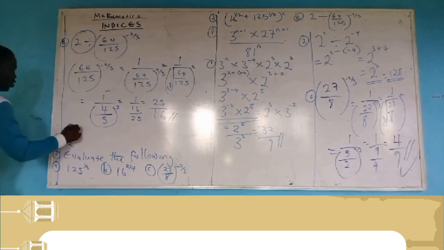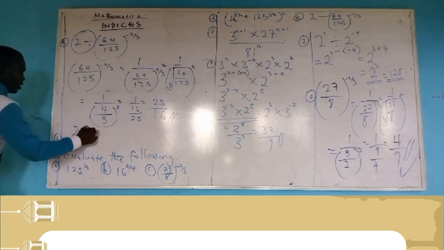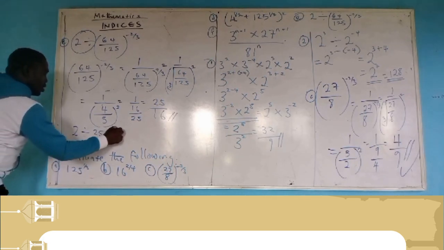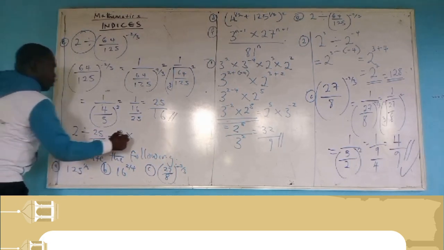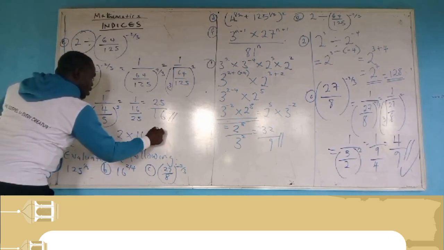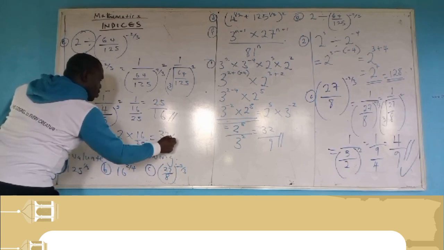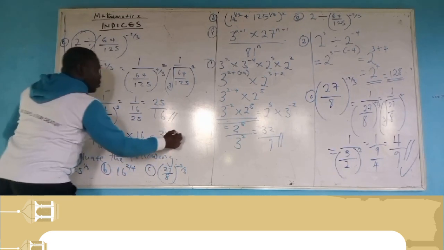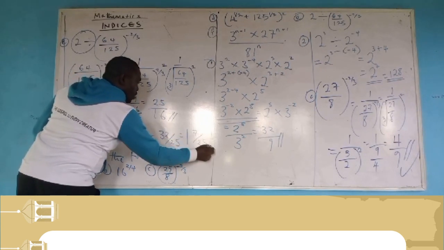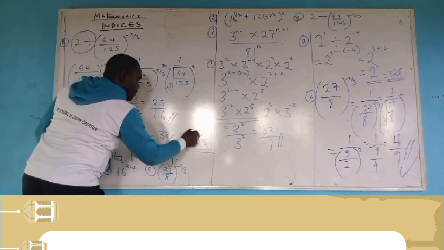Remember, I have 2 divided by 25 over 16, which is 2 multiplied by 16 over 25. And that is 32 over 25, which is 1 and 7 over 25.